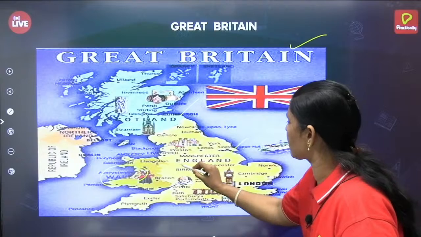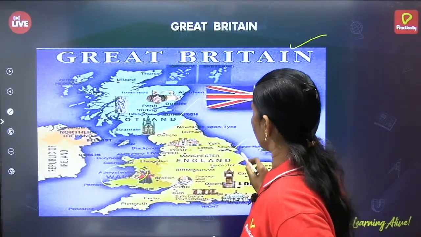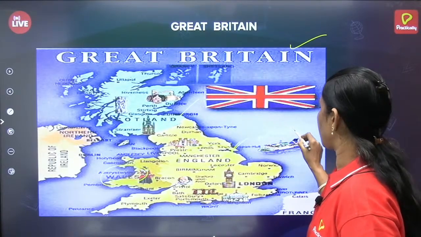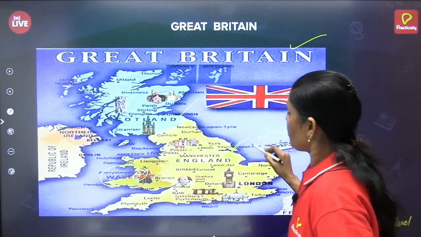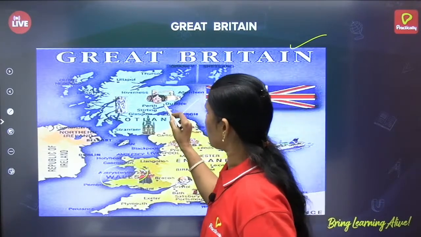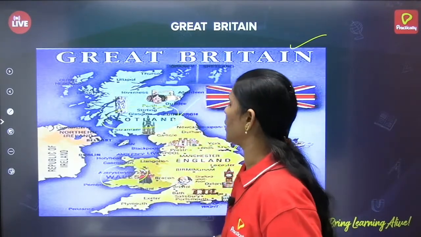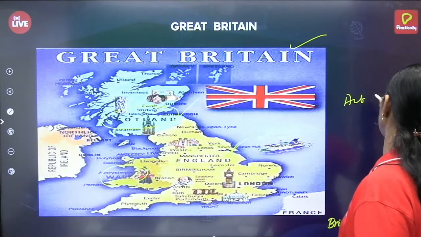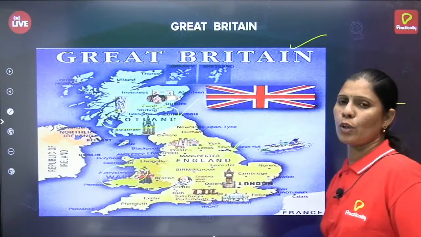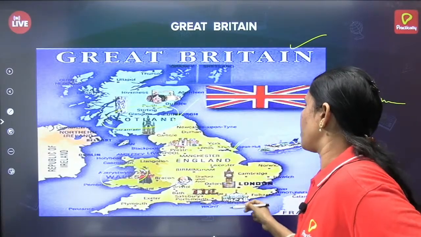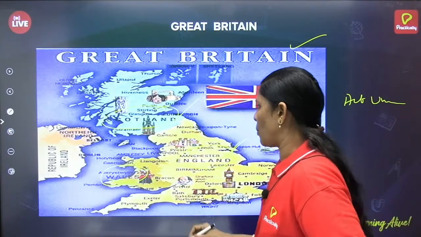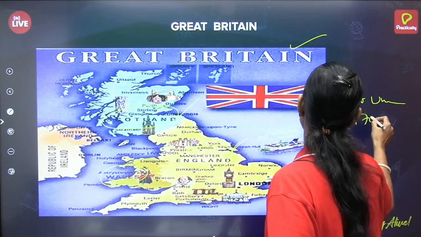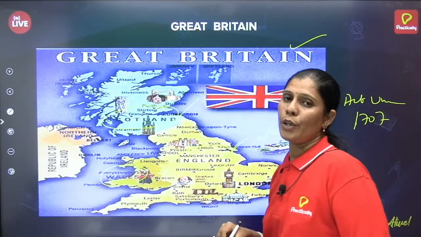Okay, Wales, England. England had the nobility, a rich category of people, and these people also joined with Scotland with the Act of Union. As soon as England became a republic, Parliament incorporated Scotland with the Act of Union in 1707 and formed a union.